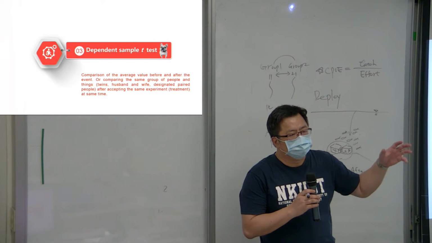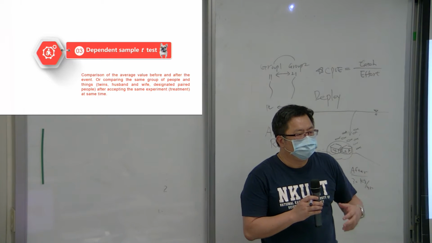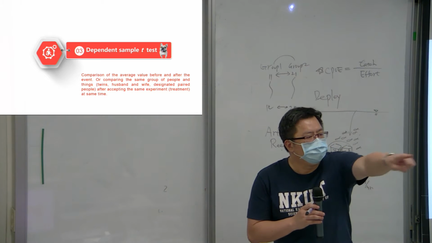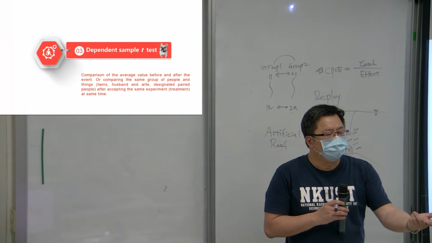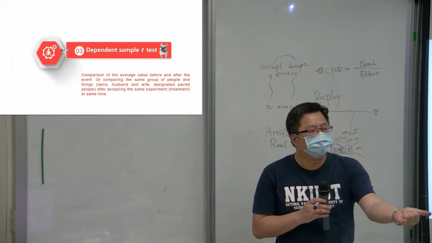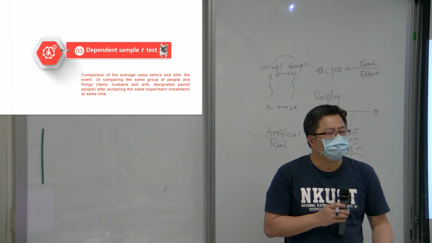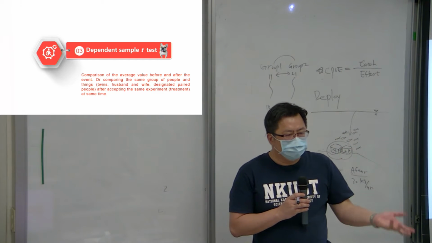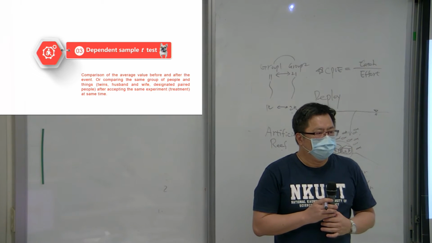Same people, same thing. For example, before I give you the English training, you have only 6 persons, and after training, you are the same 6 persons. Same person, same thing, same place.